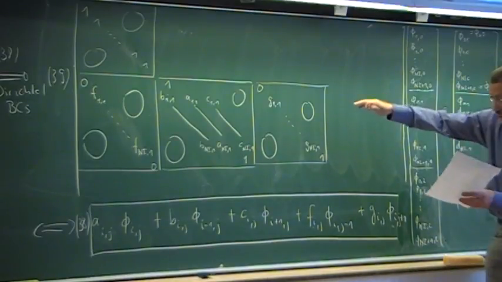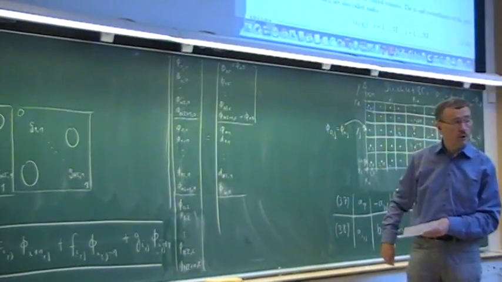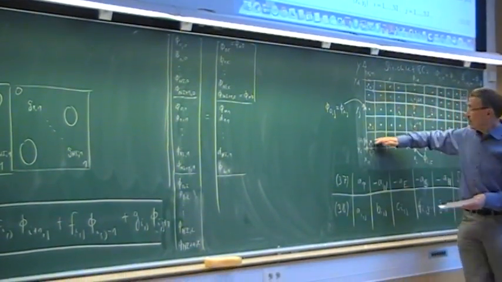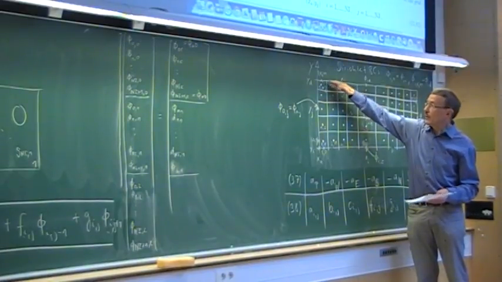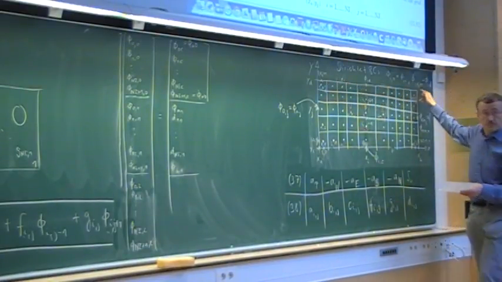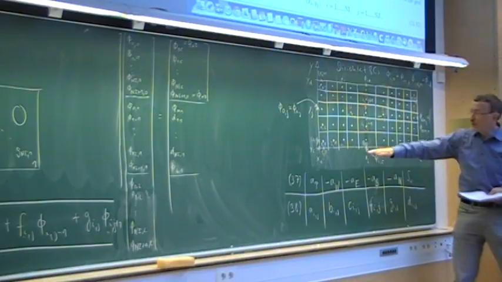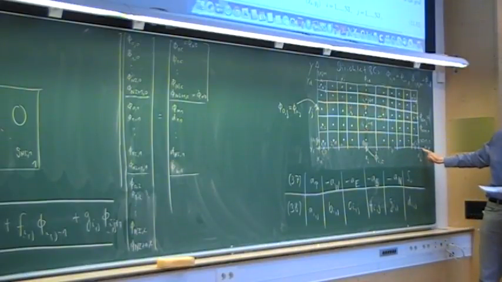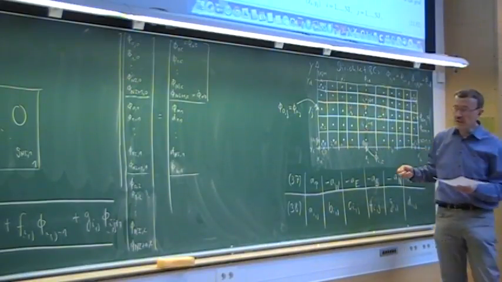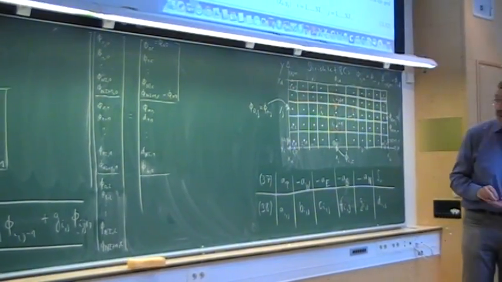And this pattern will continue all the way down, so we take this, this, and this, until we come to the upper boundary. And that we will take into account in a similar way as we took into account the lower boundary. So what you see is, what we get in the end is a block tridiagonal linear system.